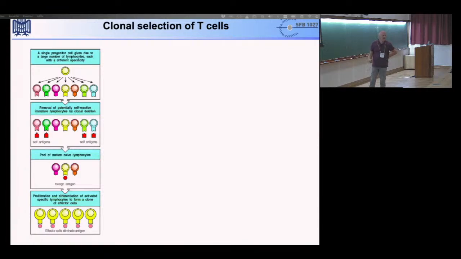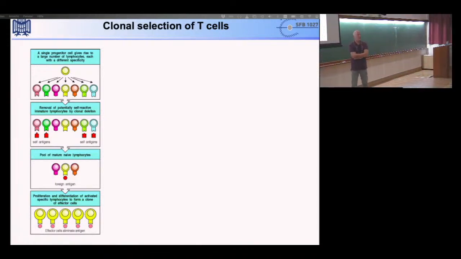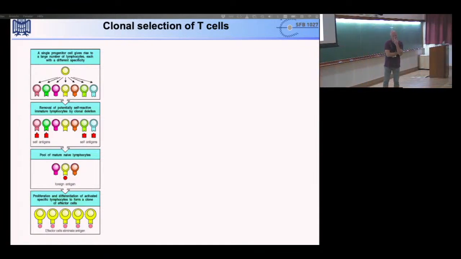But some of them have receptors that can have a high affinity to peptides that occur in your body. So they get removed first, and then you have a pool of mature naive lymphocytes.